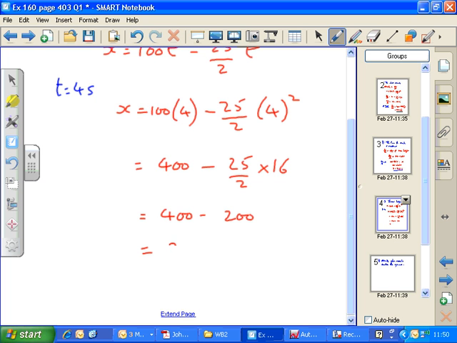So 200 meters is the maximum height reached by my missile.